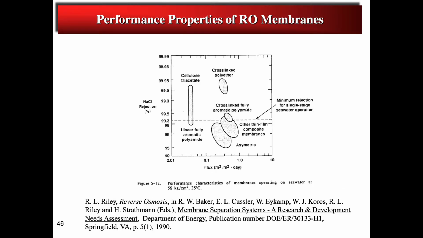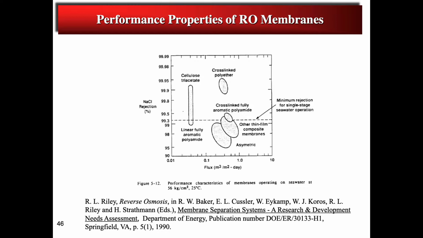This is a plot of water flux versus sodium chloride rejection, and it shows where, for example, the original cellulose triacetate was located, and other types of membranes.